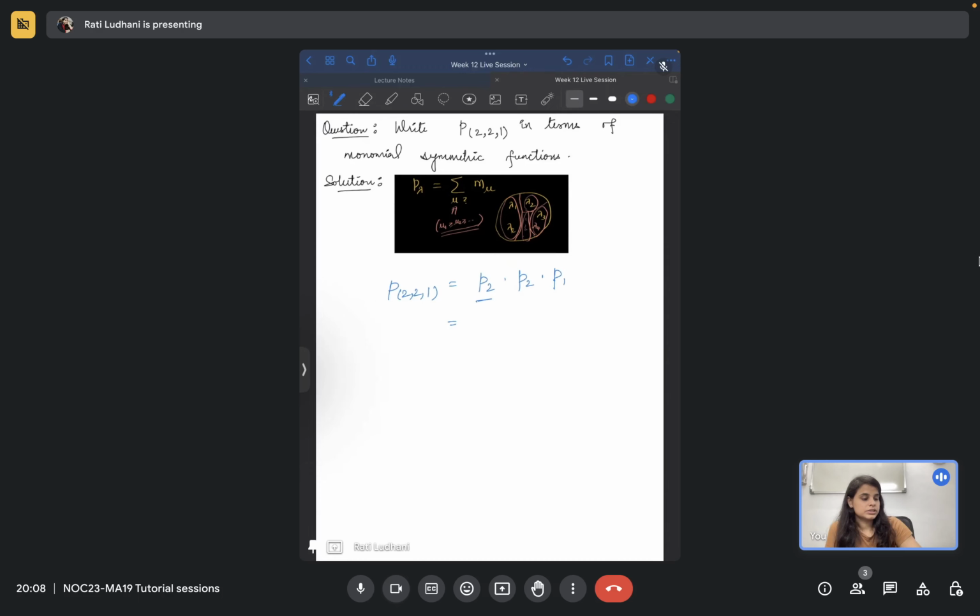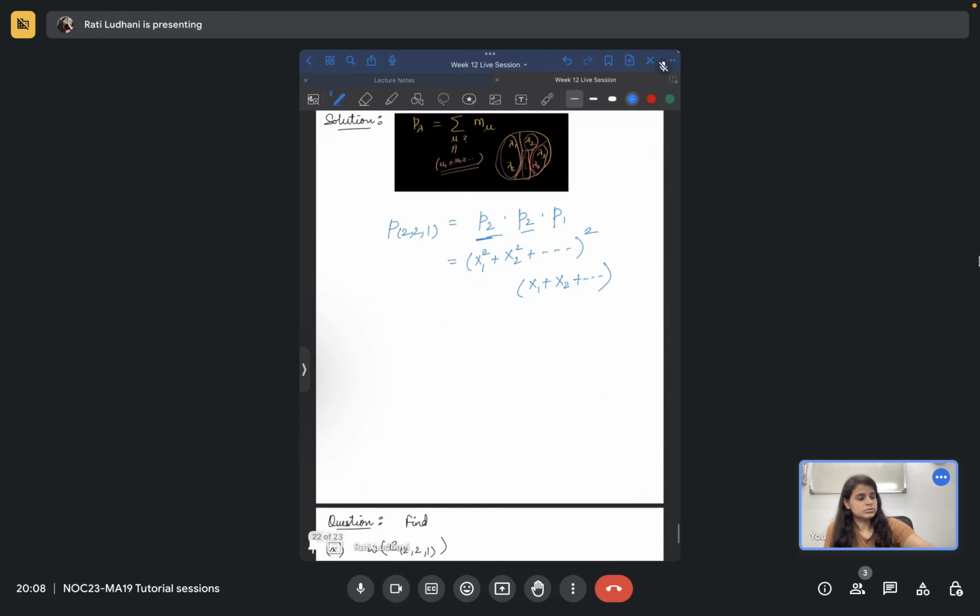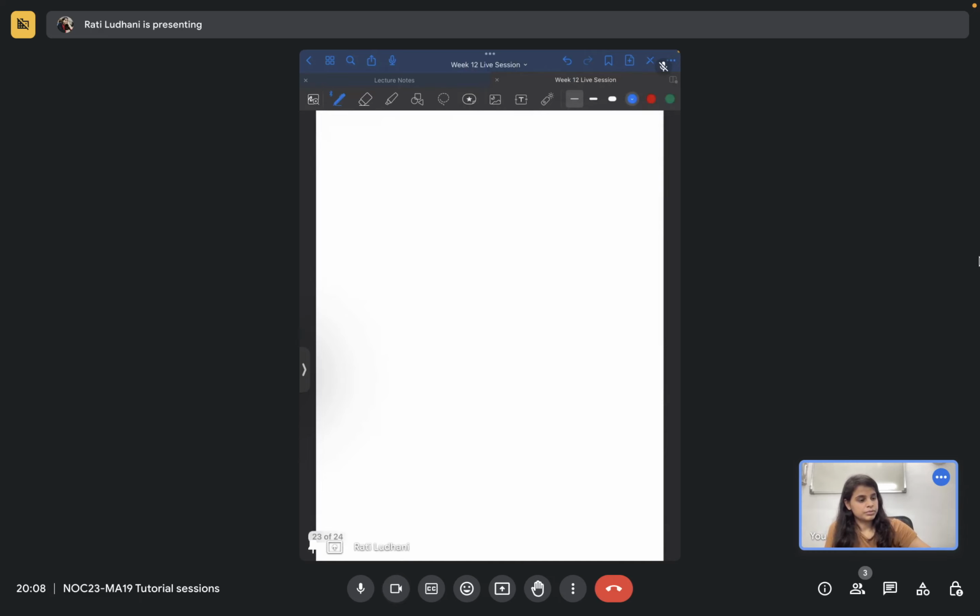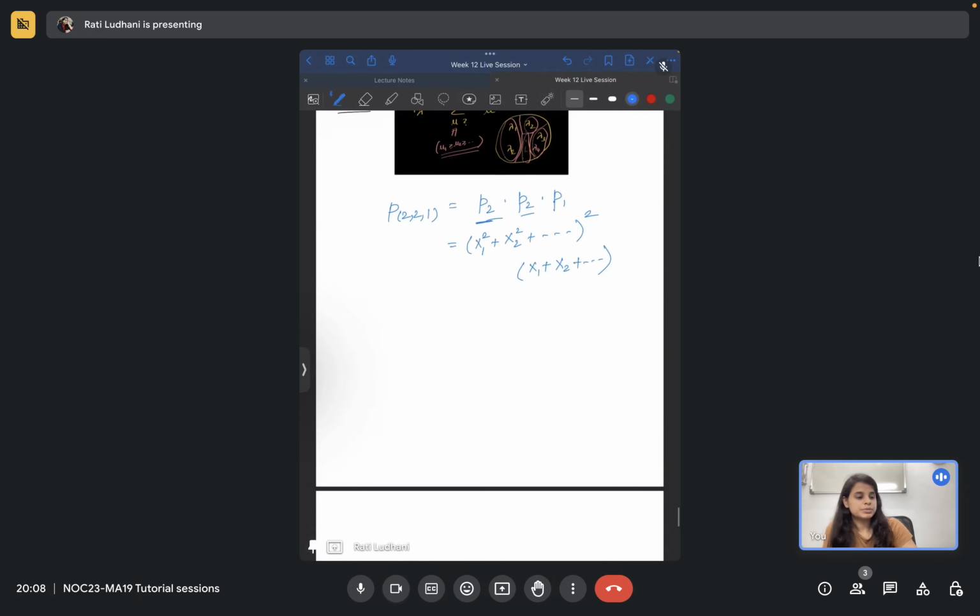P2 is x1 squared, x2 squared, up to xn squared, and I can write it as a square directly, because P2 is the same. And into that you have P1, that is x1 plus x2 plus up to xn, and so on. So this is P221.